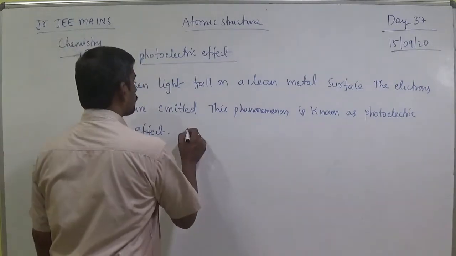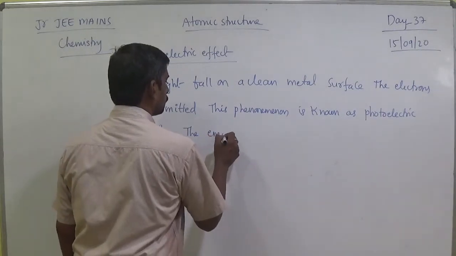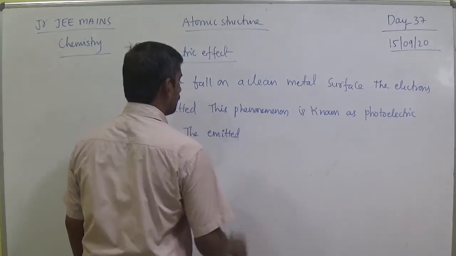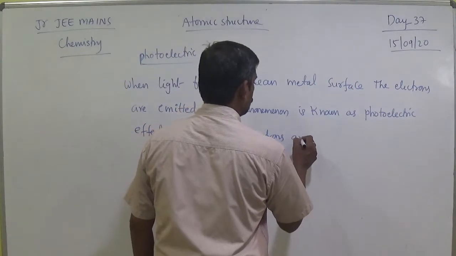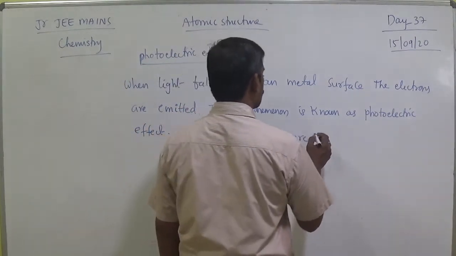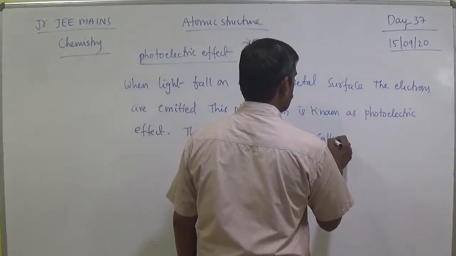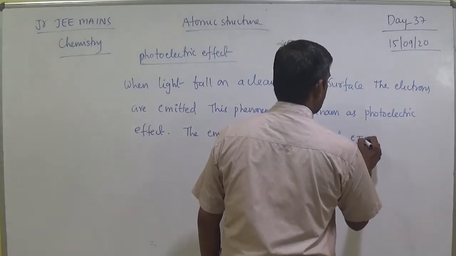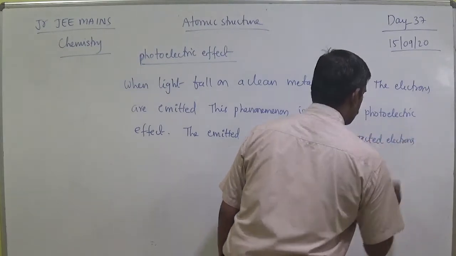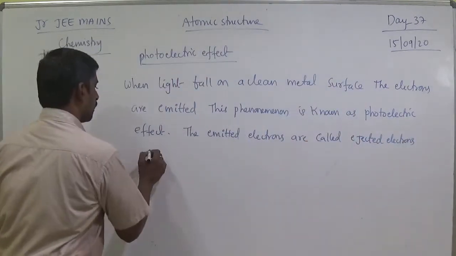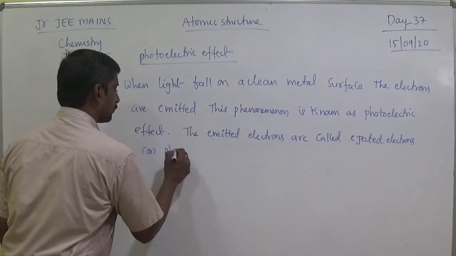The emitted electrons are called ejected electrons or photoelectrons.